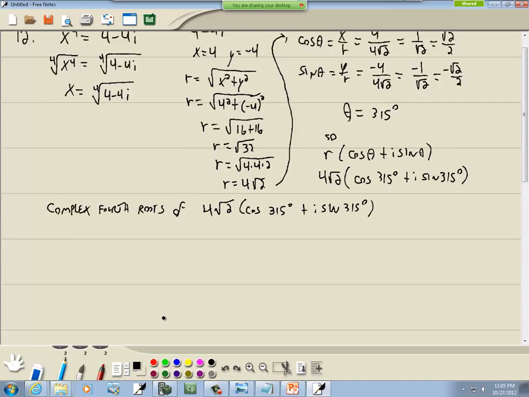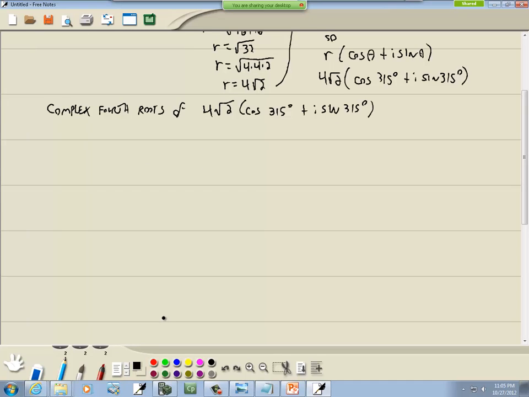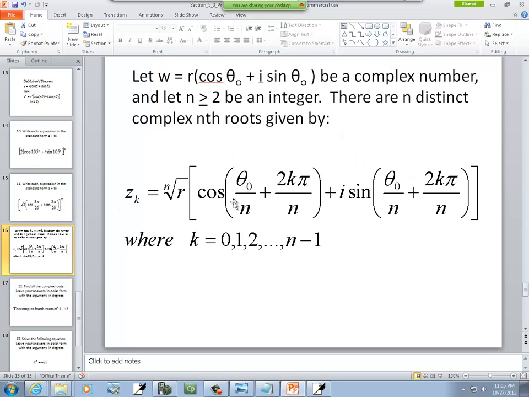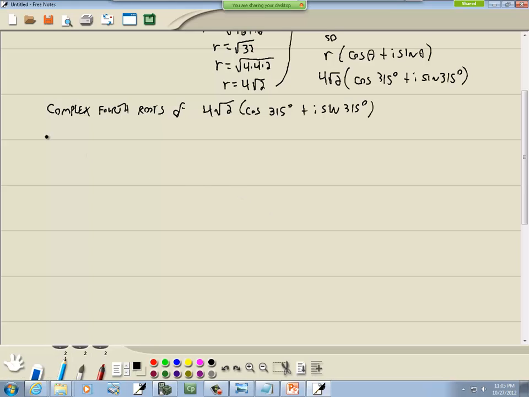So again, it has to be in polar form like that. And our formula is pretty complex looking, but really you just plug in your different values. But I'm going to show you kind of a shortcut way to do this. So the first thing we do is find the nth root of r.